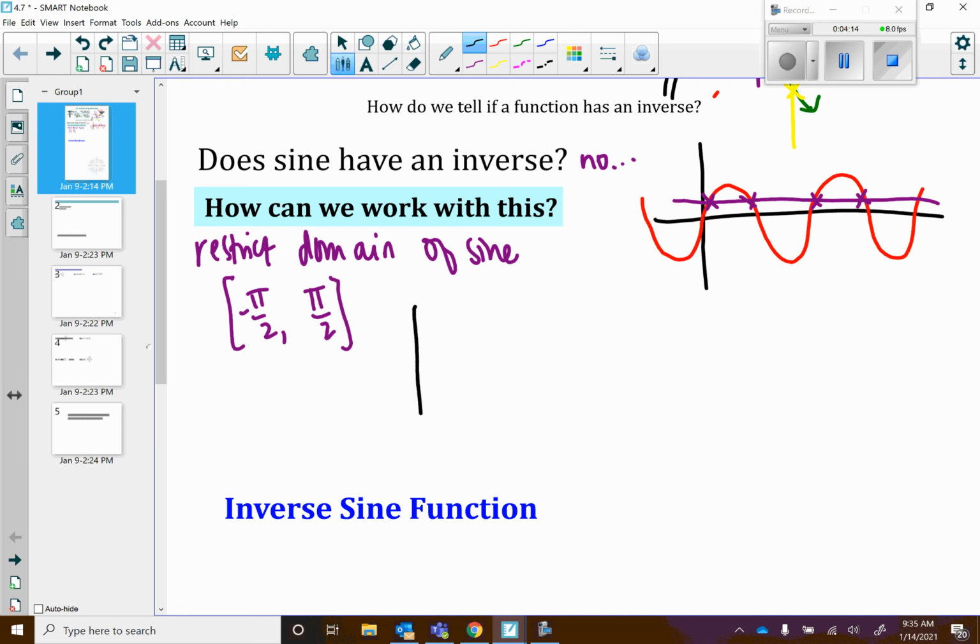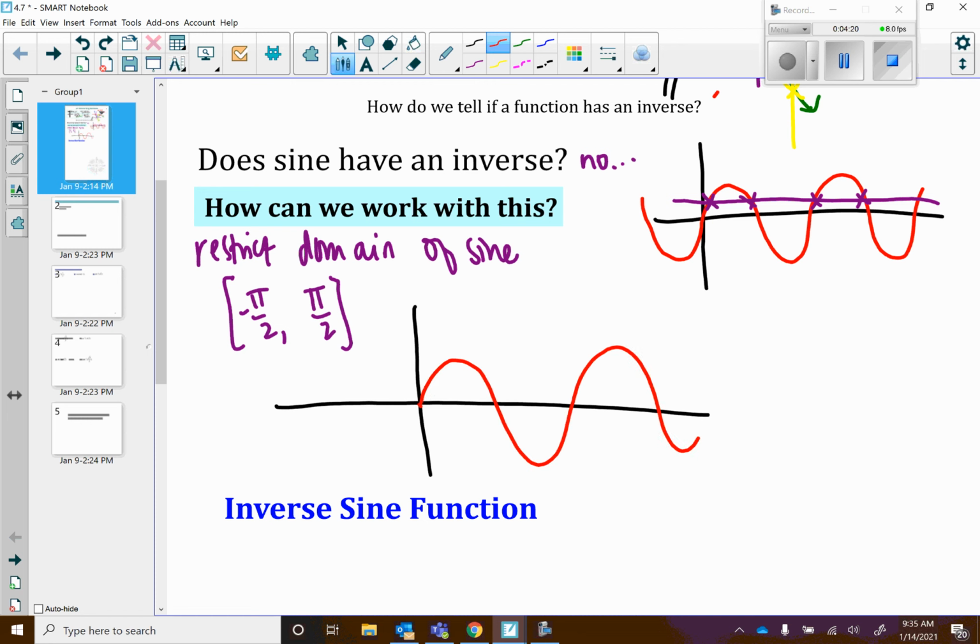So let me re-explain what I'm saying. Here is the graph of sine. It goes on forever and ever in both directions. I know that the period is 2 pi, which means this over here is negative 2 pi. And if I look at this entire curve, I cannot have an inverse.